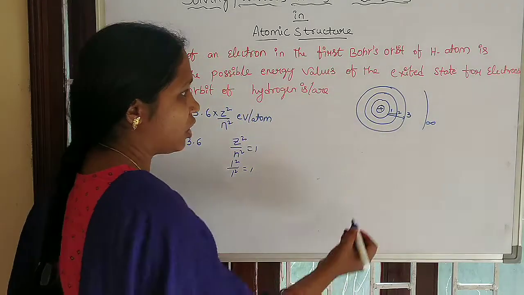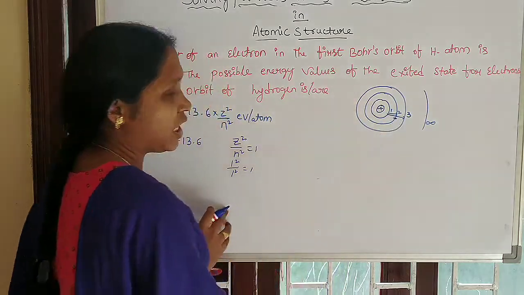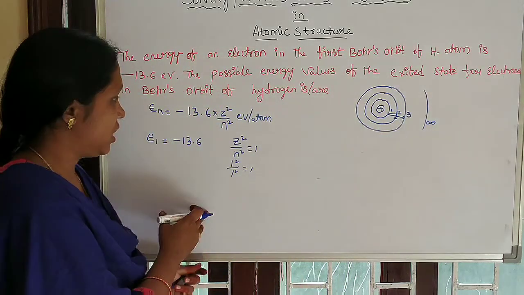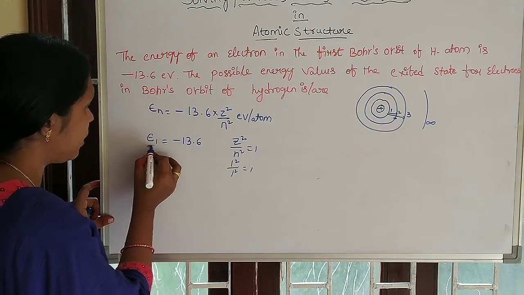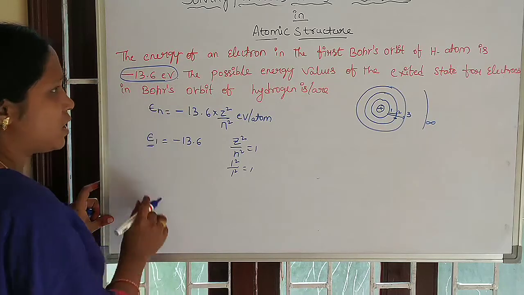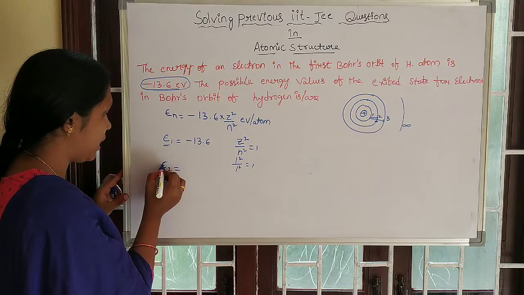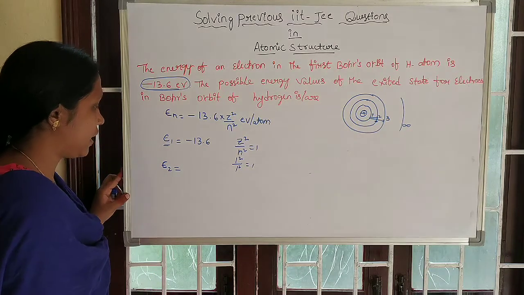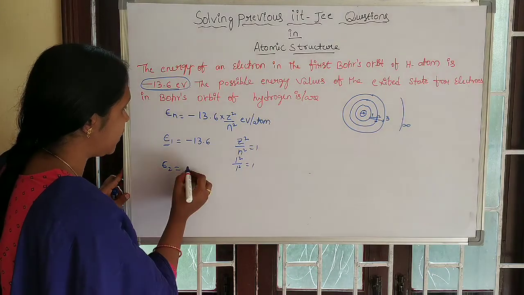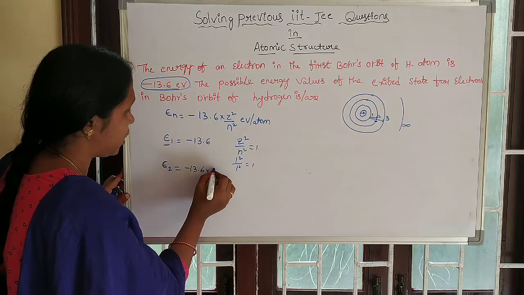Okay, so now we calculate what is the energy of our excited states. Here, the first is the ground state of hydrogen. The energy of the second energy state, that is E2, is minus 13.6 into hydrogen atomic number, which is a constant.